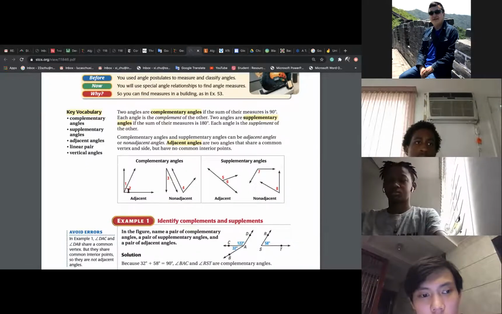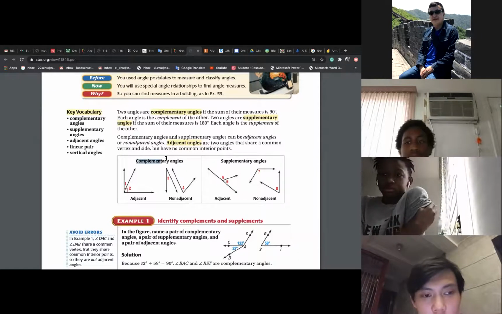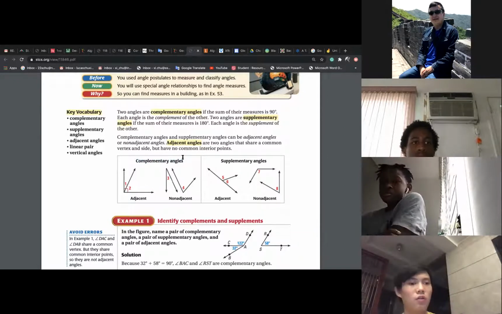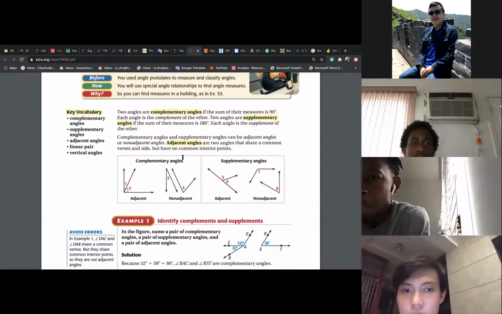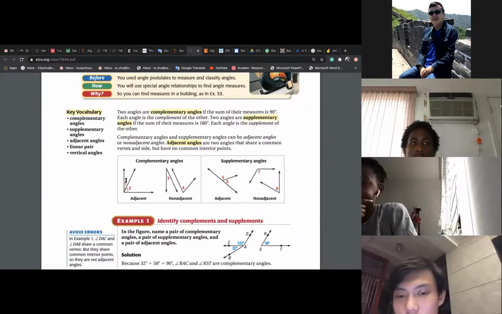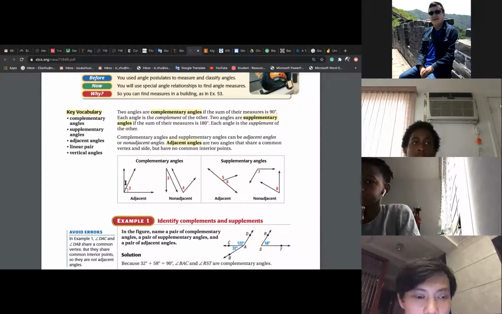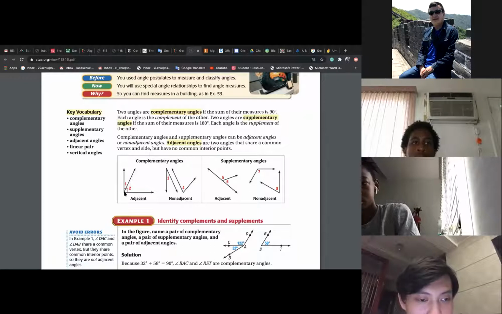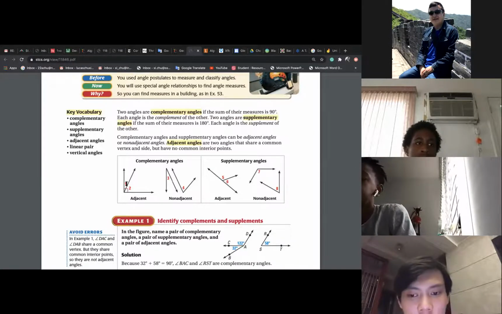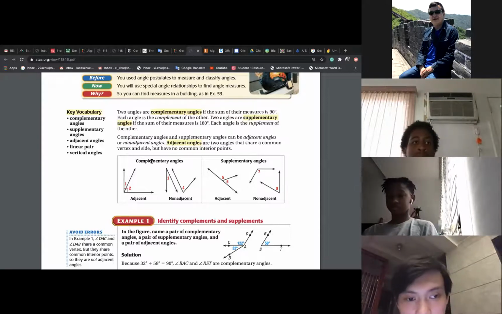Okay, so here, we know the definition of complementary angles is that two angles add up to 90 degrees, right? And here, they add up because this is the 90 degree angle and there are two angles in it. So they definitely add up to 90 degrees, so they're complementary angles.